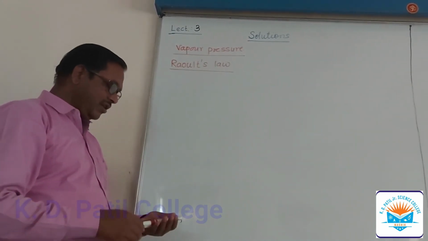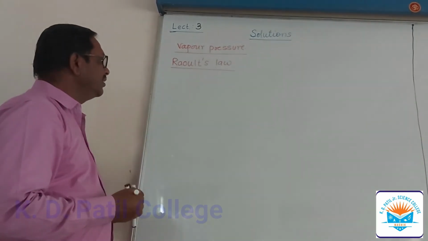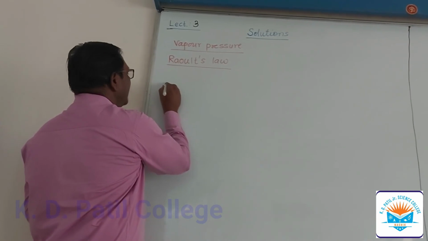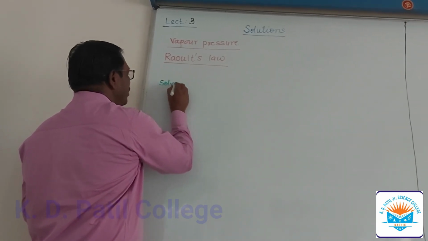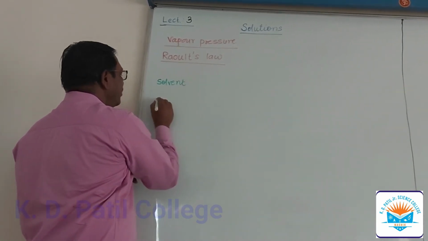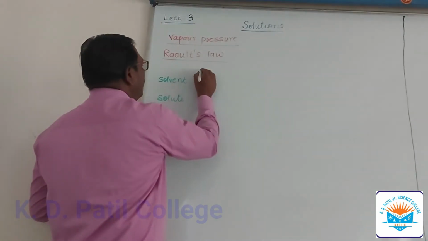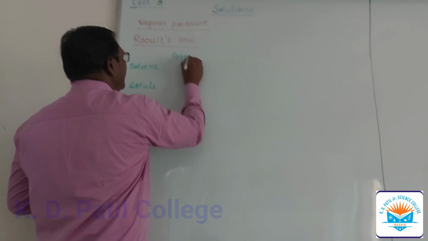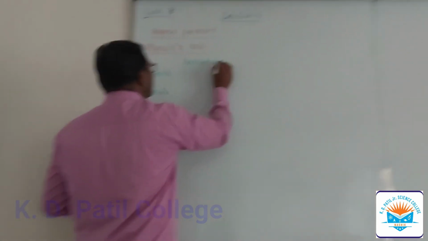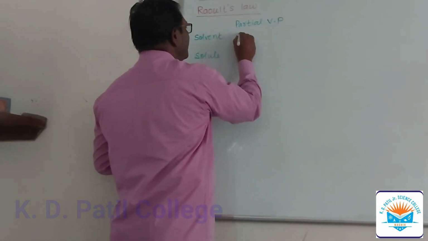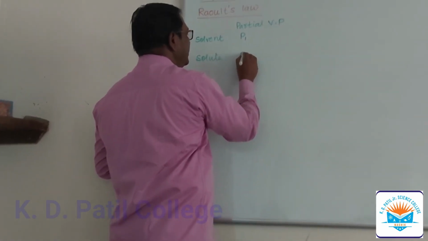Now here we are considering two parts. The first part is the solvent, and for the second part we consider the solute. Now we consider their partial vapor pressures. Suppose it is P1 and this is P2.